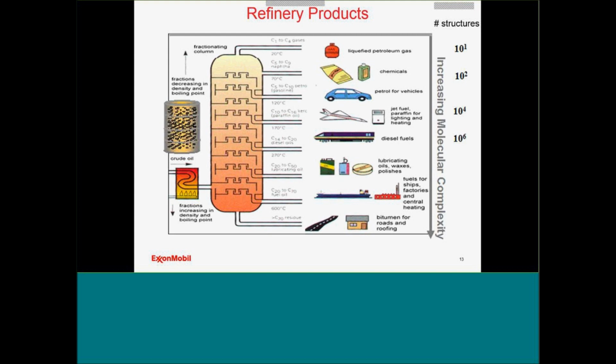An important generalization is that as the boiling point interval defining the petroleum substance increases, the underlying molecular composition, so essentially the number of structures, increases exponentially, and that's shown on the side of that figure.